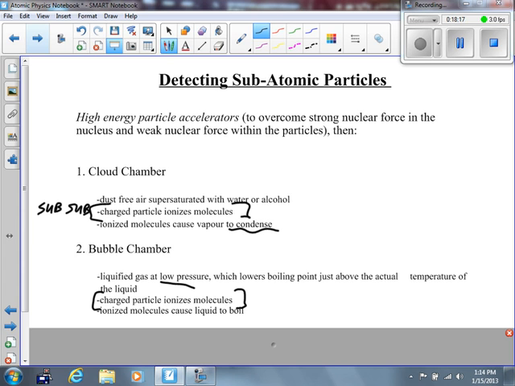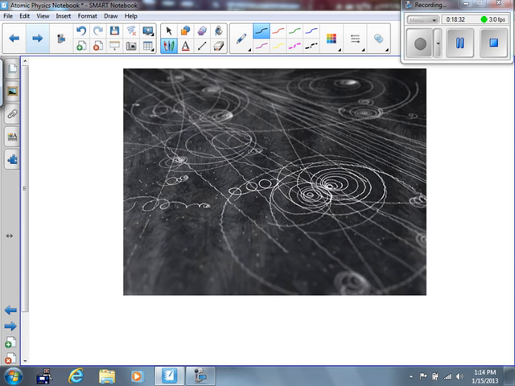So it's different in the sense that instead of having the gas turning into a liquid, we've got the liquid turning into a gas, but it's similar in the sense that the end result is pretty much the same. We observe the trail of either the cloud or the bubbles and get some information about whatever it was that caused that trail.